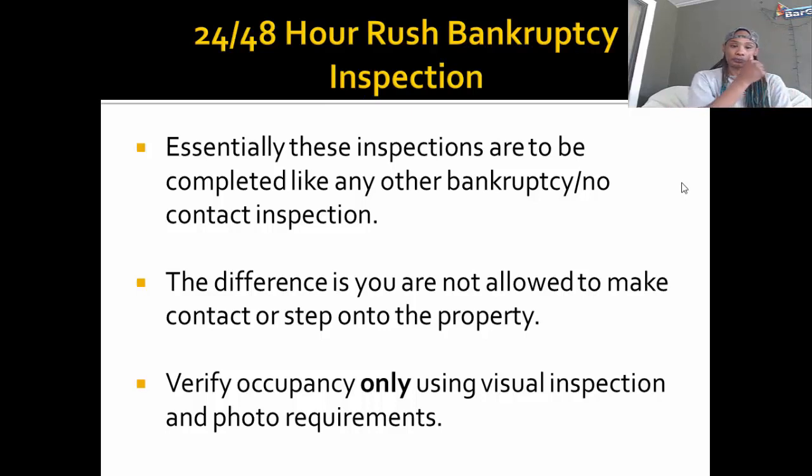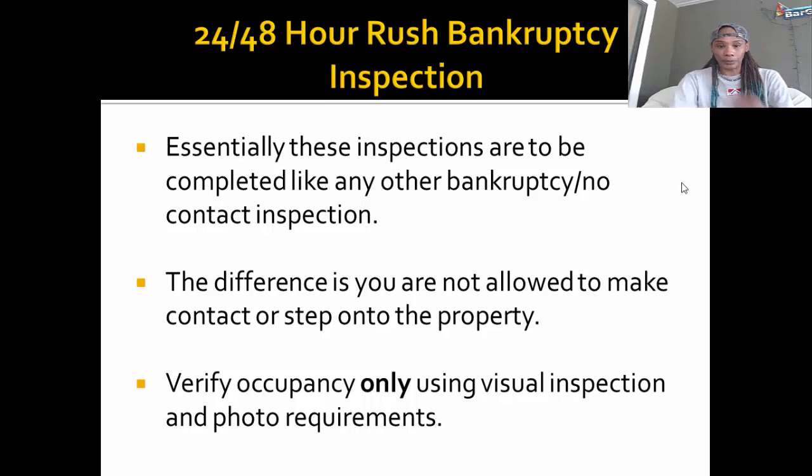The difference from the other inspections we've talked about so far is that you are not allowed to make contact with anyone at the property, or step foot onto the property. Don't go onto the property. What you want to do is verify the occupancy status of that property by using a visual inspection and your photos. That's it.